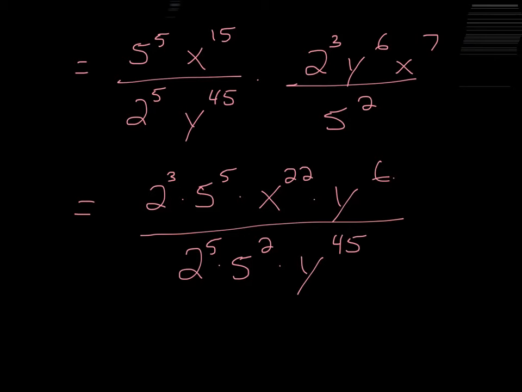I have two options at this point. I'm first going to attack this by applying the quotient property of exponential expressions by subtracting the exponents of each of these like factors.